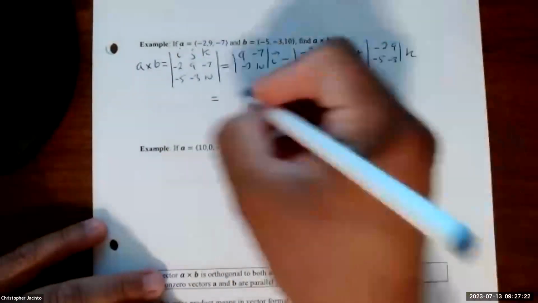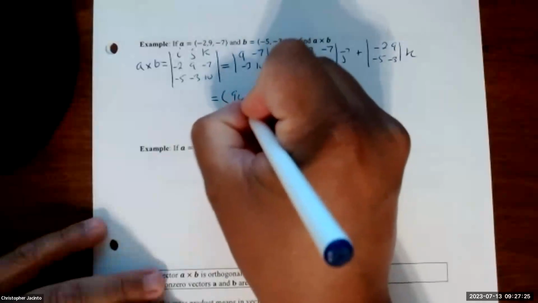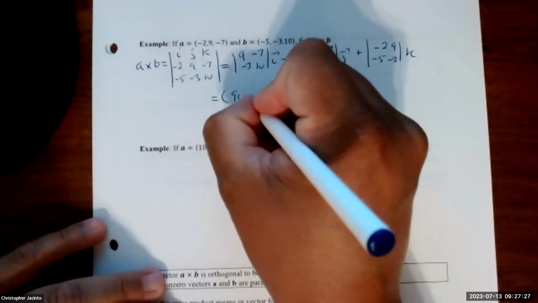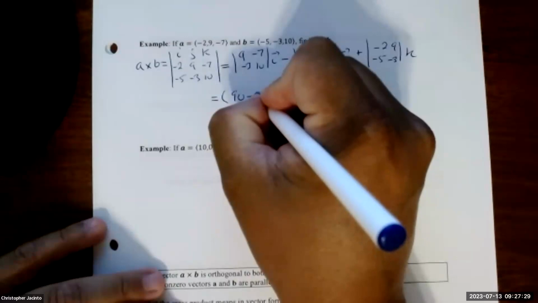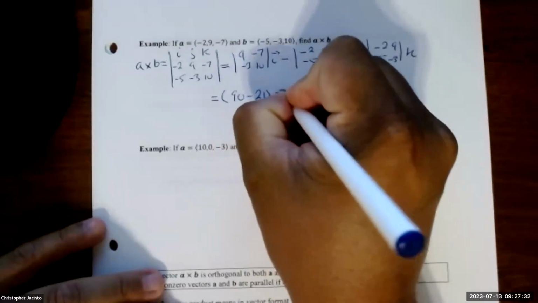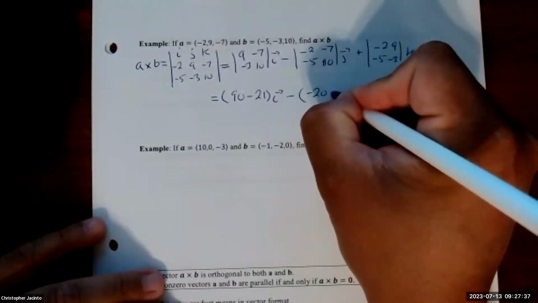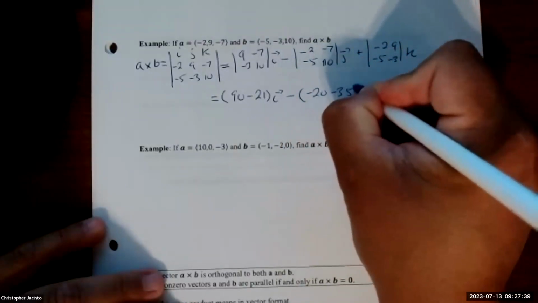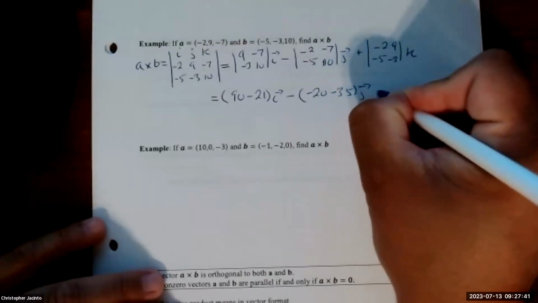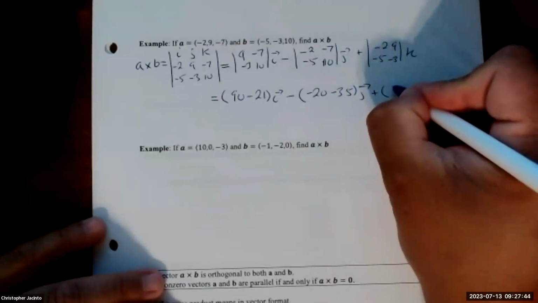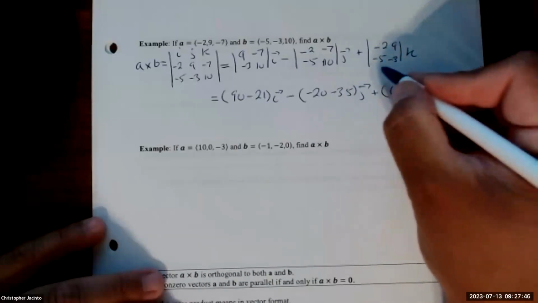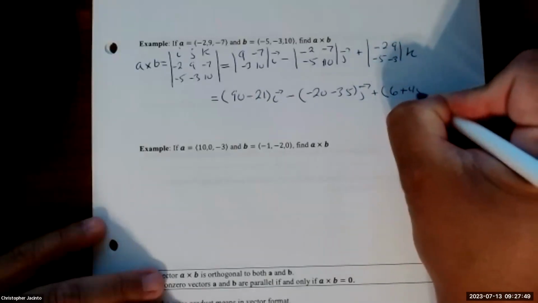And then from there, we do the same thing, right? Now we take the determinant of each 2 by 2. So 9 times 10 is 90, minus -3 times -7, which is 21. Then -20 minus 35, and then 6 minus a -45, so it gives you +45.